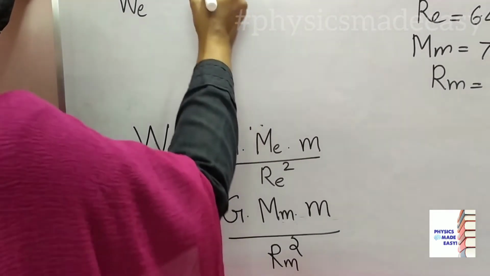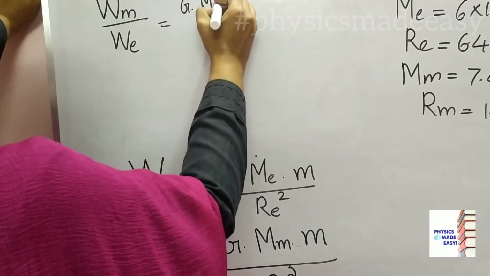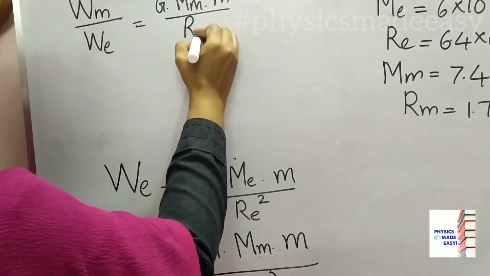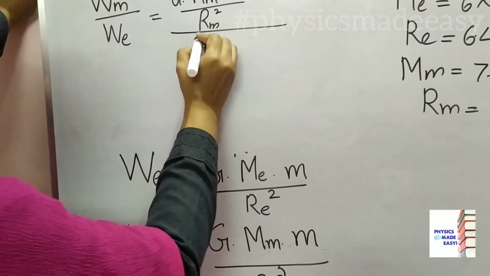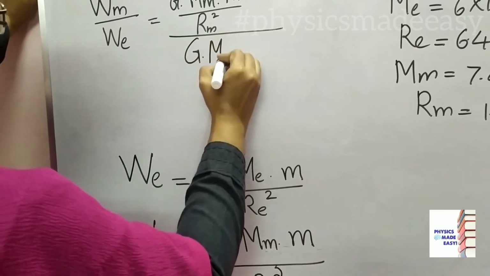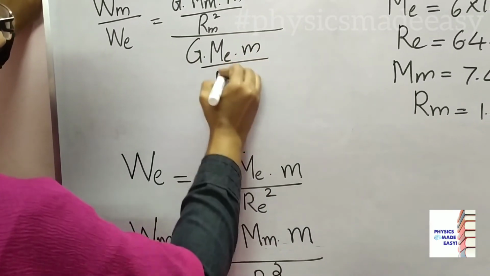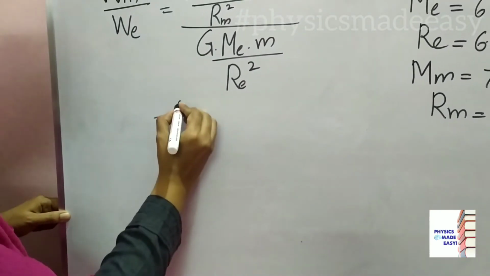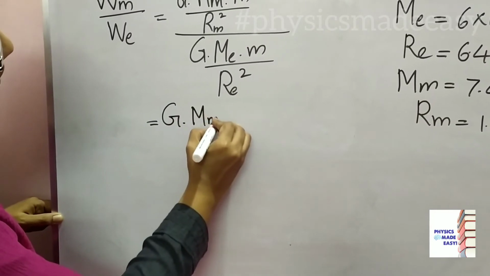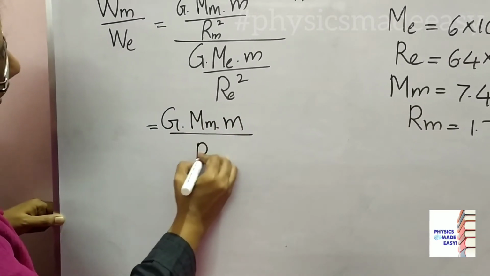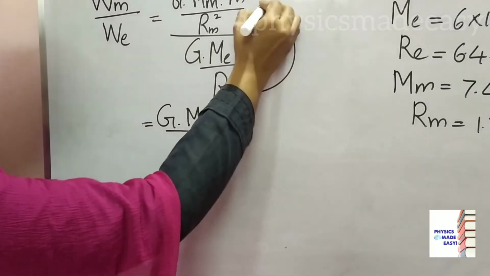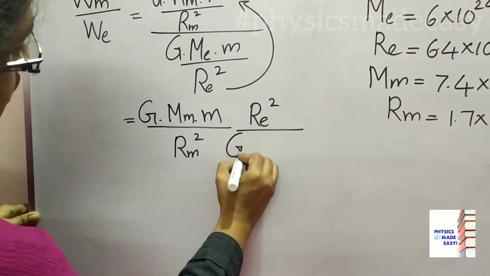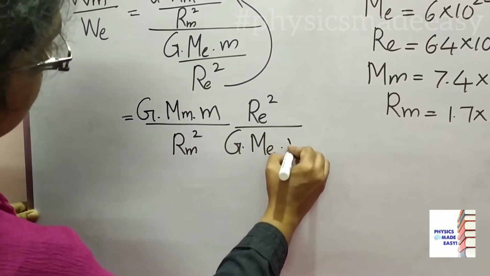Then G into Mm into M divided by Rm square, the whole divided by G into Me into M divided by Re square. Here we can write this as Mm into M divided by Rm square. This Re will go to the numerator, so Re square divided by G into Me into M.